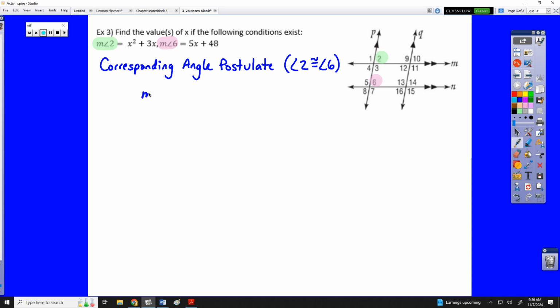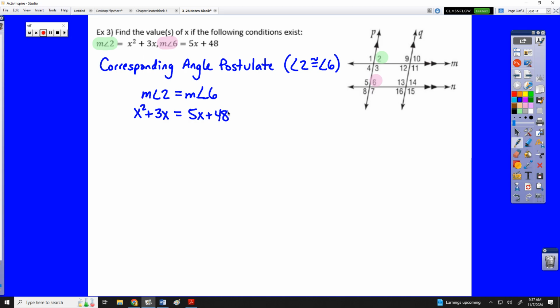Now what that means is that the measure of angle 2 has to equal the measure of angle 6, because that is what congruent means, that they are the same size, same shape. So if the angles are congruent, their measures have to be equal. So we plug in our expressions. We have x squared plus 3x is equal to 5x plus 48.